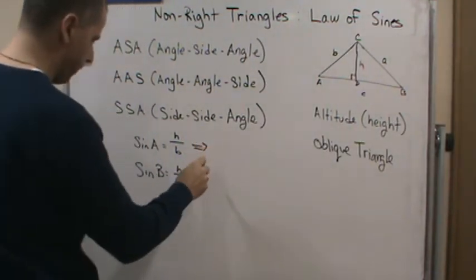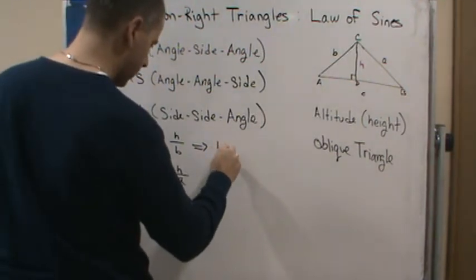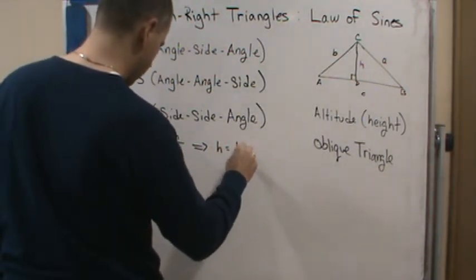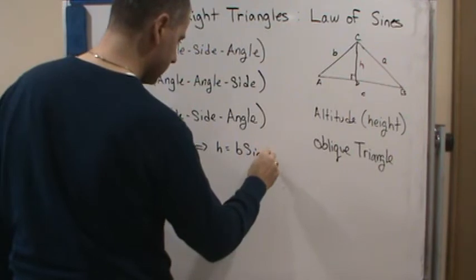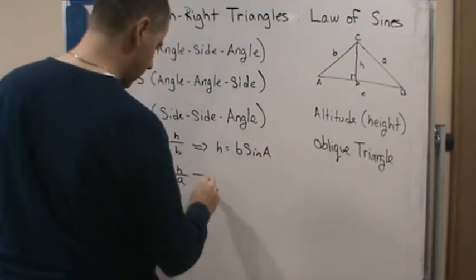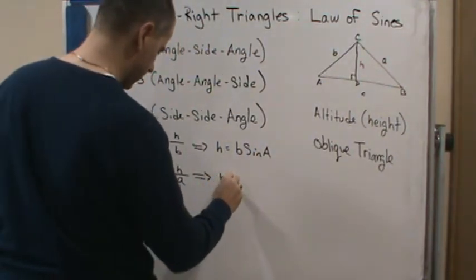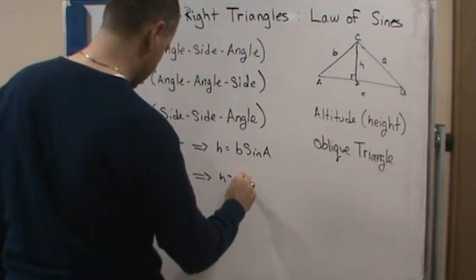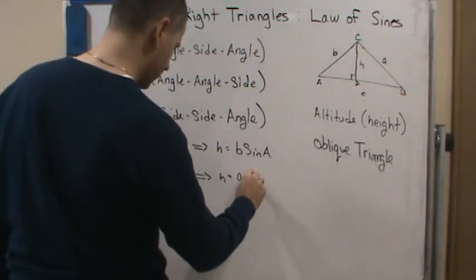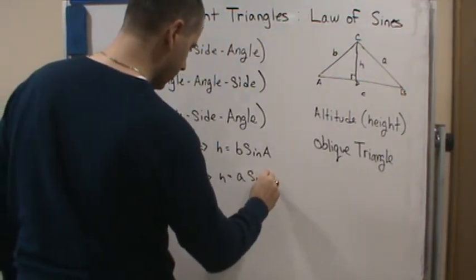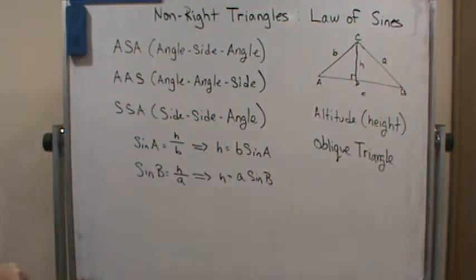If we solve both equations for h, we get h equals b sine A, and h equals a sine B. If h is equal to both of those things, then both of these are equal.